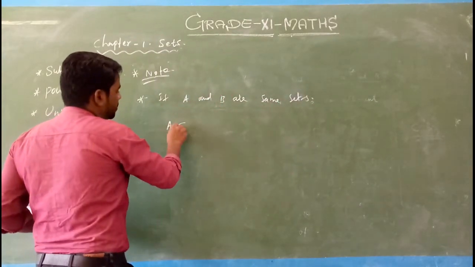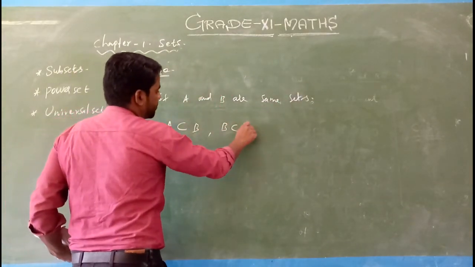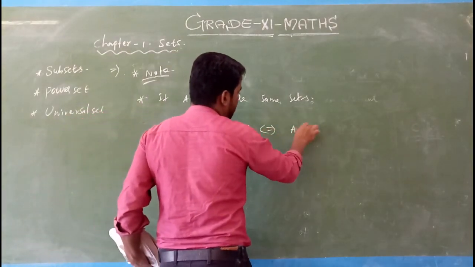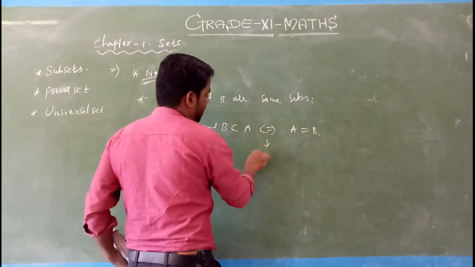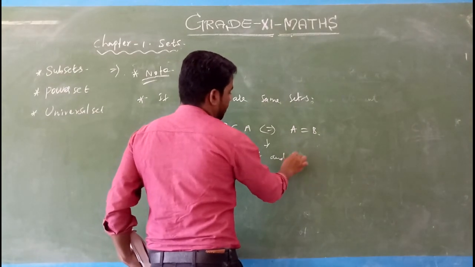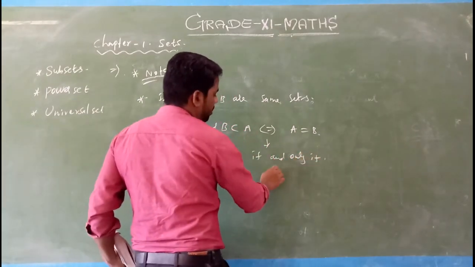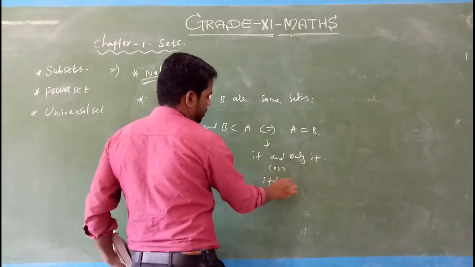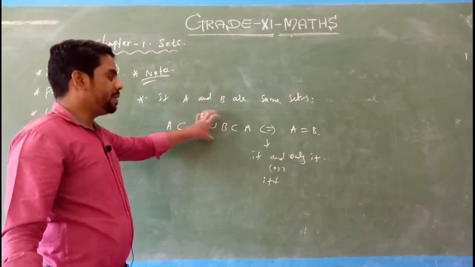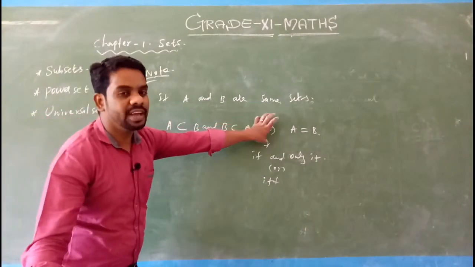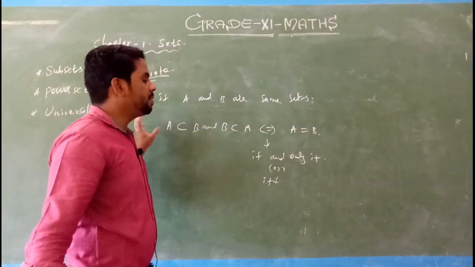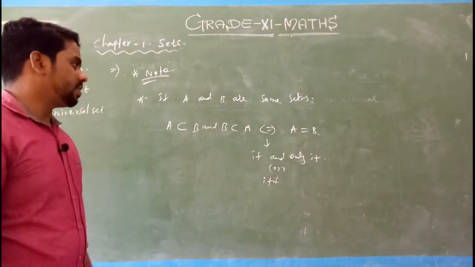If A is a subset of B and B is a subset of A, then A equals B. This is read as 'if and only if'. A equals B if and only if A is contained in B and B is contained in A. Important lesson.